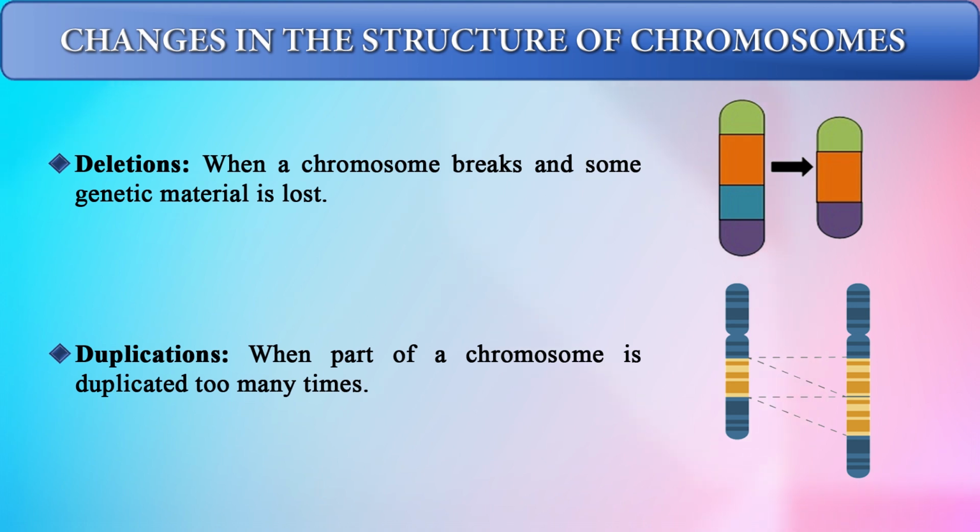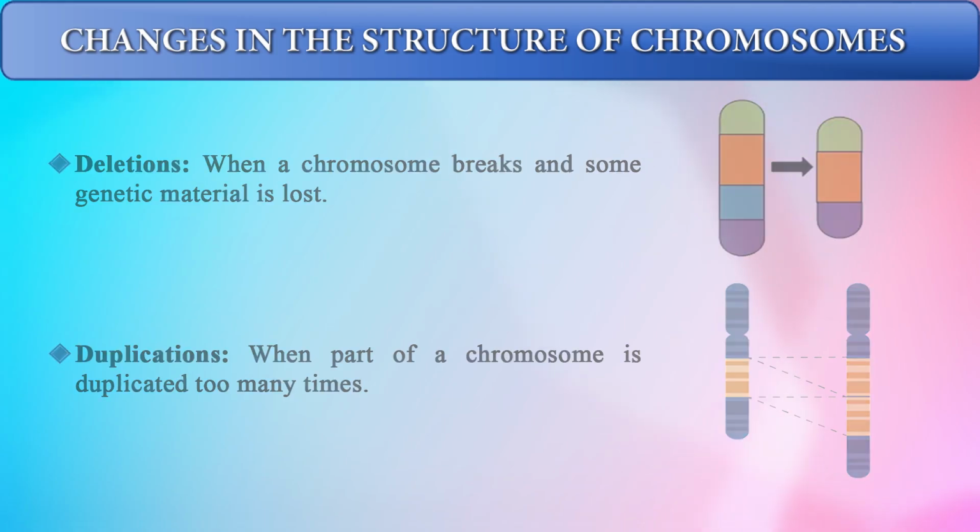In this you see the blue part of that chromosome is deleted. So in the new chromosome which you see there, that part of the chromosome is lost and the genetic material is thereby lost. In the second part, which is duplication, you see that the yellow part of that chromosome is duplicated twice. So that part of the genetic material is duplicated many times.